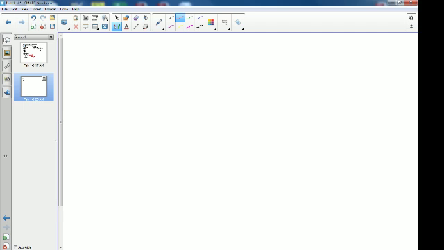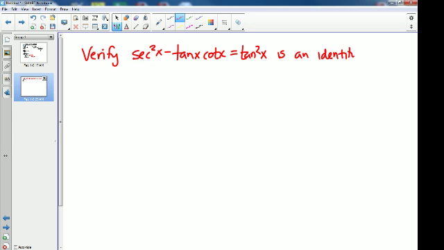Okay, let's simplify an identity. Verify secant squared minus verify that this statement is an identity.